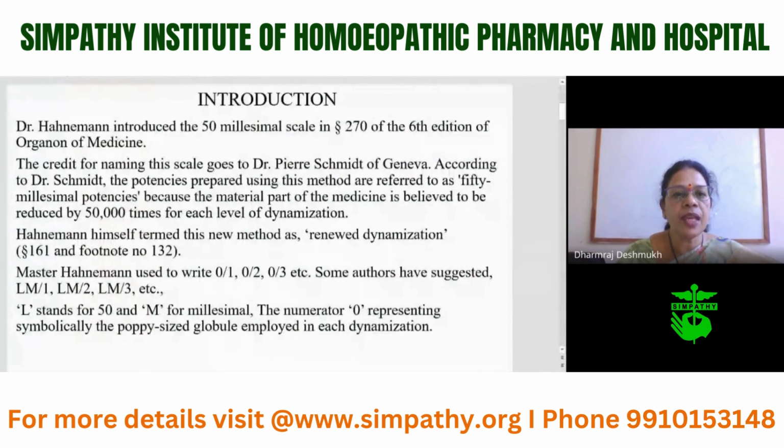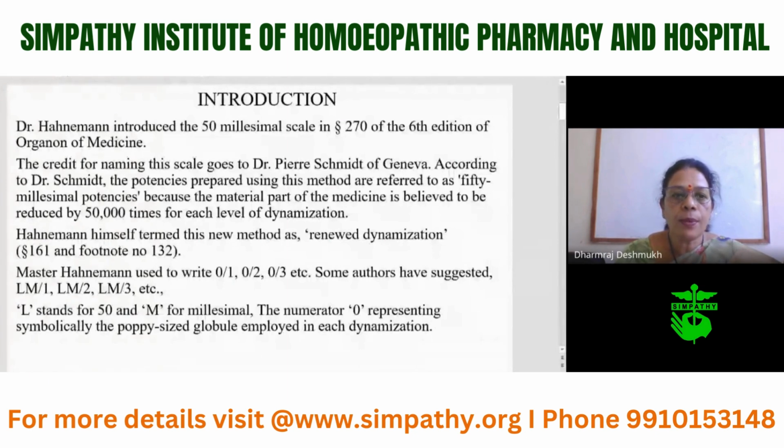So the 3rd potency is prepared. That means the first potency will have 1/100 drug strength. Like this, up to 3 we are triturating, so drug strength will be 1/10 raised to 6. After preparing this 3rd potency of the centesimal scale, we have to convert this into mother tincture.